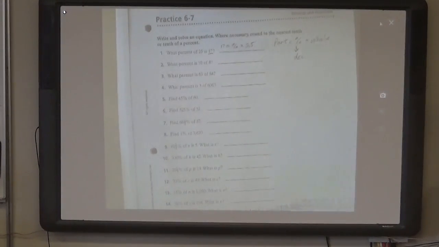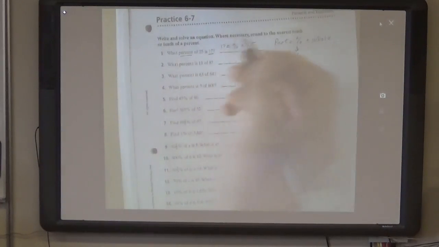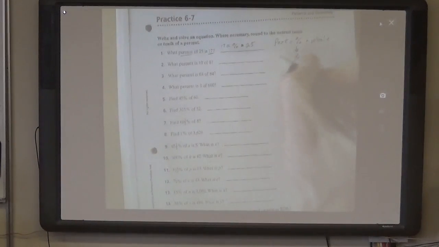Okay? Yep. 425. 17 times 25. Oh, no, the percent, it says what percent. So in this case, we have to find the part, the percent. We're finding this number right here, okay?